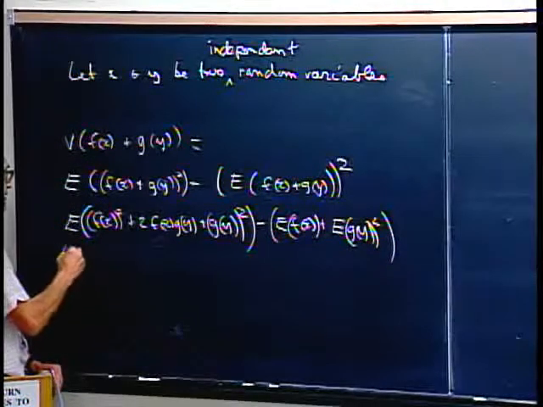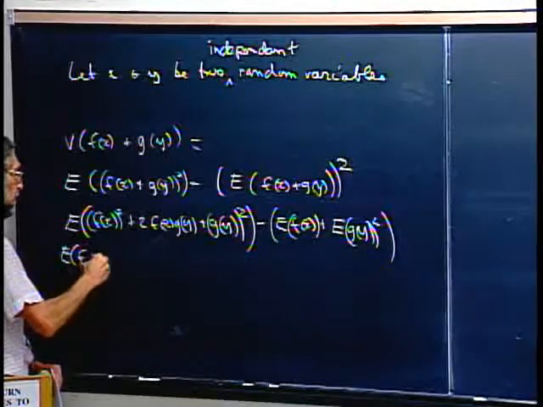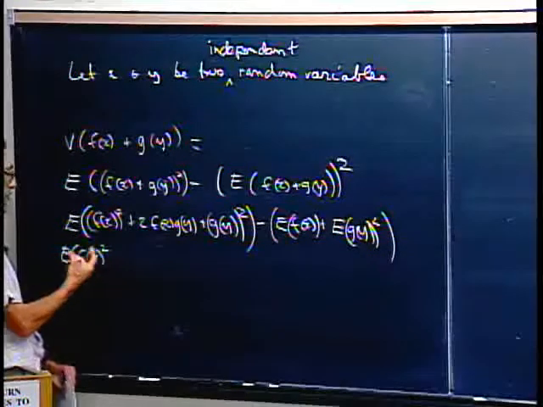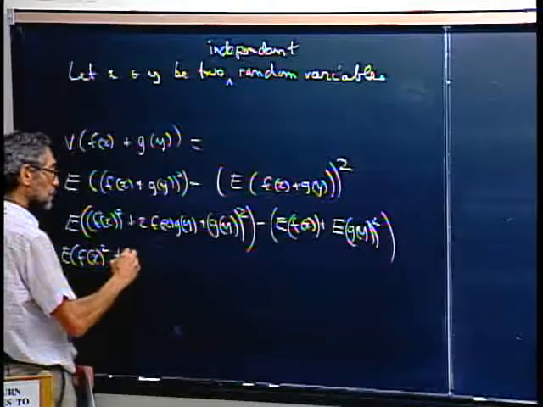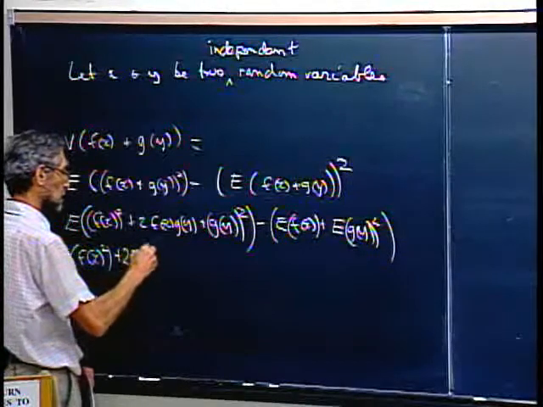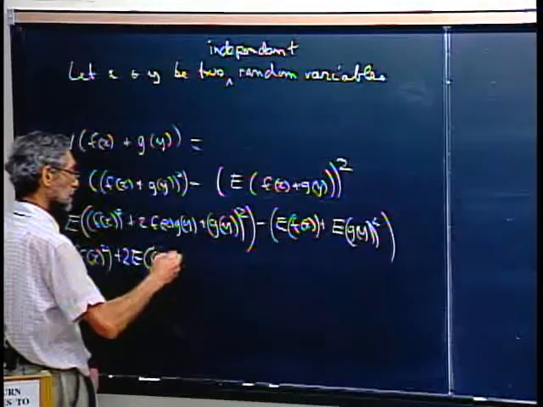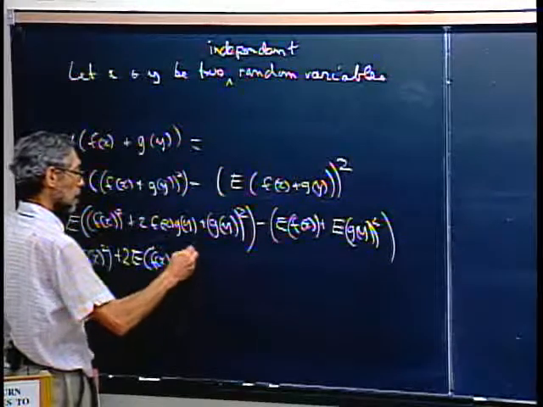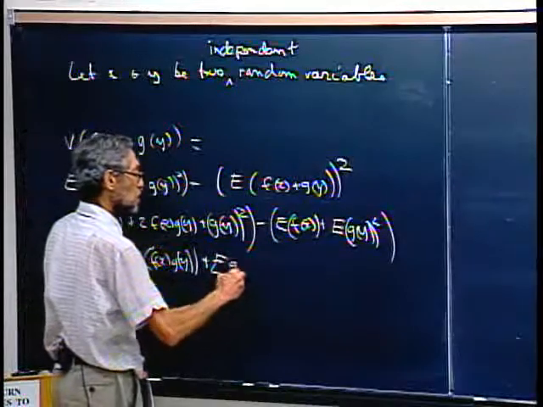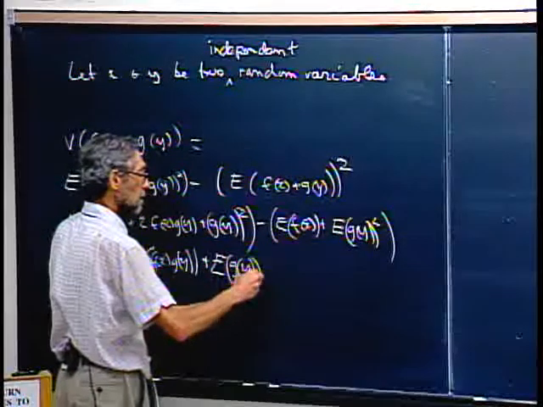So I can say this is the expectation of f of x squared. Let me forget the extra parentheses. You know I'm squaring f of x. Plus twice the expectation of f of x g of y plus the expectation of g of y squared.